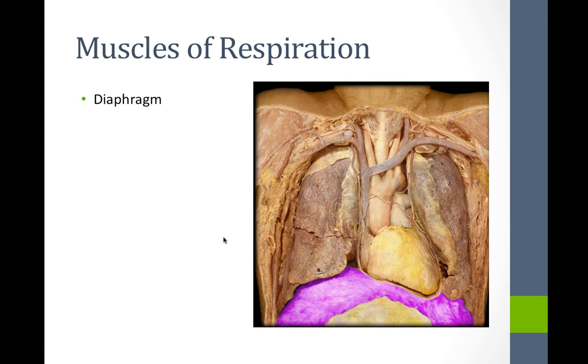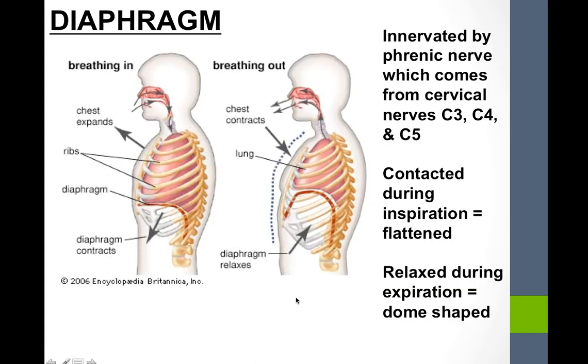So next let's take a look at your diaphragm. You could see it's that dome-shaped purple muscle here lying inferior to your lungs and heart. And so your phrenic nerve that we just learned about, that continues on down to innervate the diaphragm, is going to come from cervical nerve C3, 4, and 5.